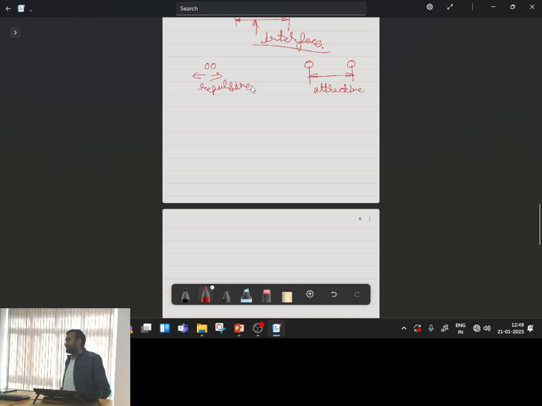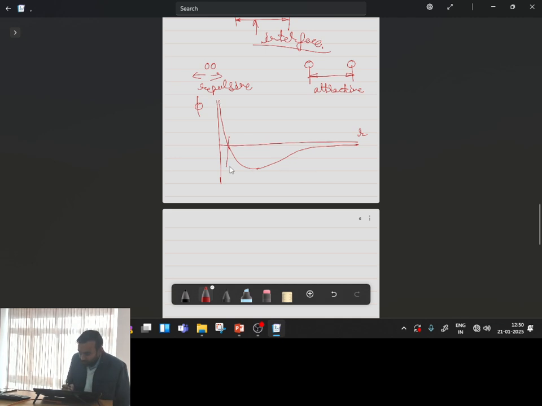This particular nature of the forces is explained with the help of a potential. Say phi is my potential function and r is the intermolecular distance. When the intermolecular distance is very large, the value of this potential is very small, and when the distance keeps on decreasing, the value of the potential keeps on increasing. Then it reaches a peak, and after that it starts decreasing and becomes strongly negative.